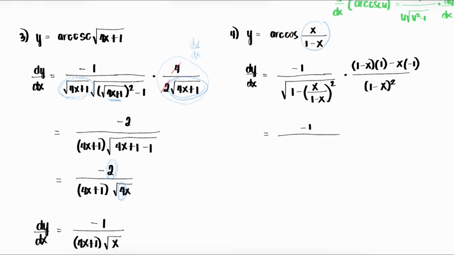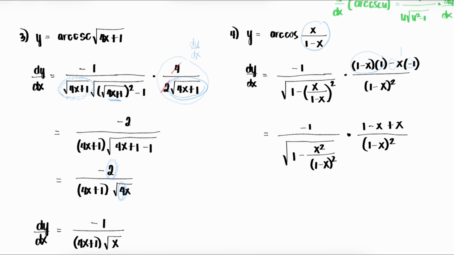Negative 1 divided by the square root of 1 minus x squared divided by 1 minus x quantity squared, times, multiplying this is 1 minus x plus x here. This is 1 minus x, and then negative and negative is positive, divided by 1 minus x quantity squared.